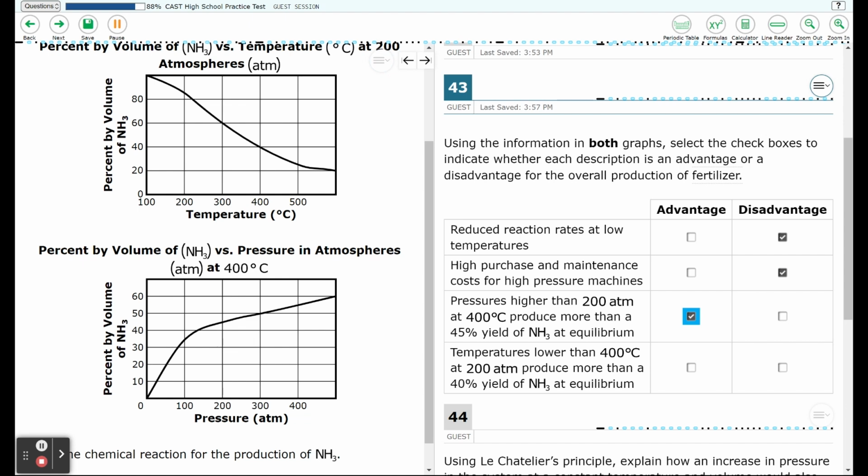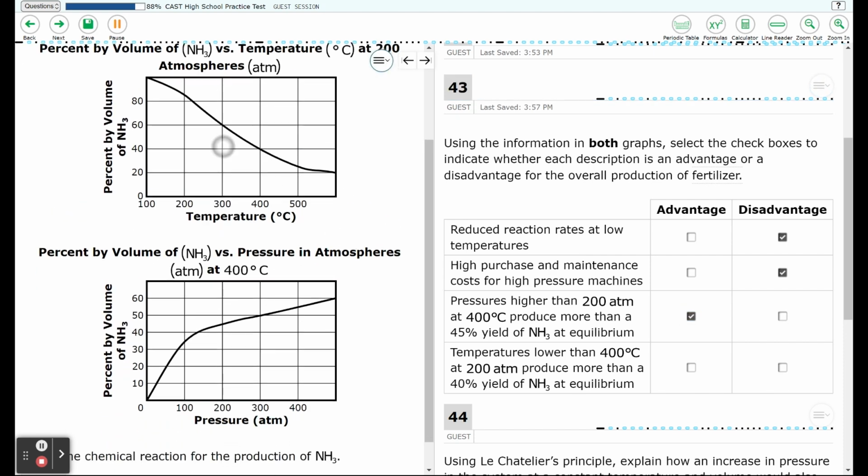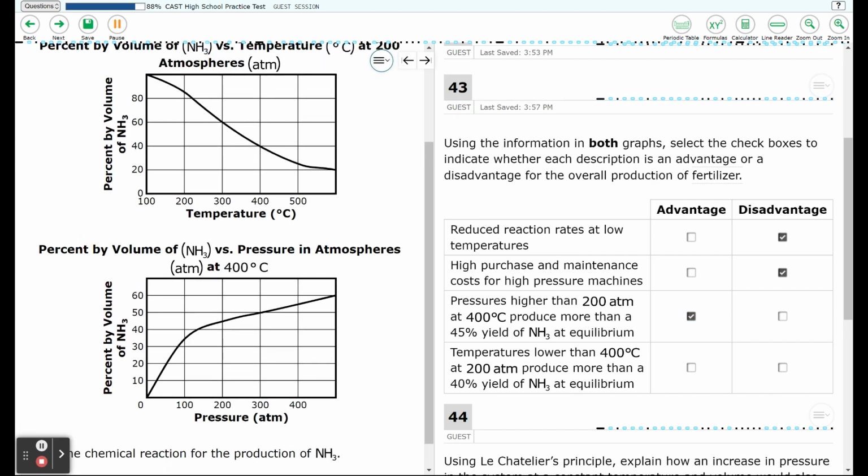And we can also see on this same graph, temperatures lower than 400 right here yield more than 40% at equilibrium. So we can see that those produce a lot of ammonia as well. So that would be an advantage too.